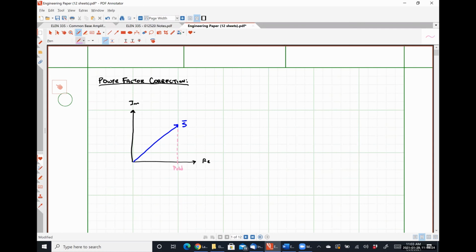I'm going to project it onto the imaginary axis, and call this Q old. And I should call this S old as well. And similarly, we're going to have some angle theta S old. So this is our system before power factor correction is applied.